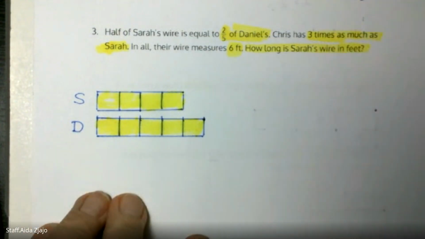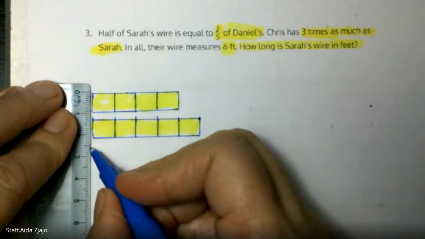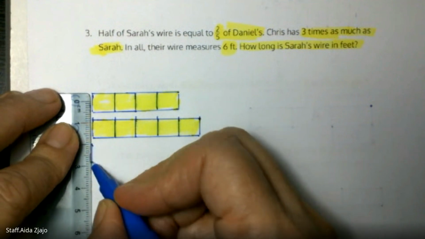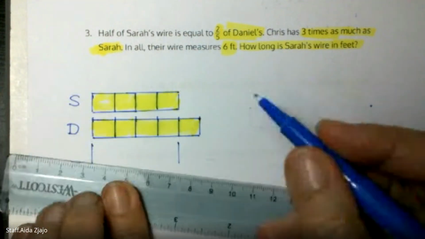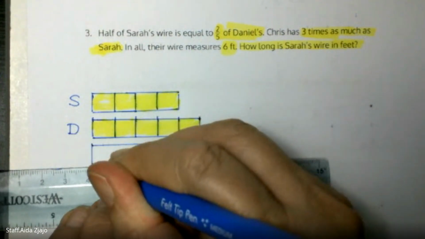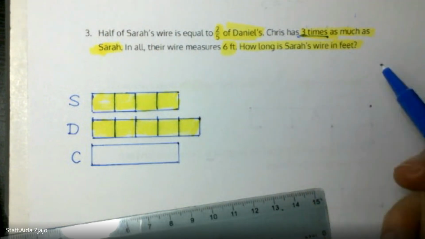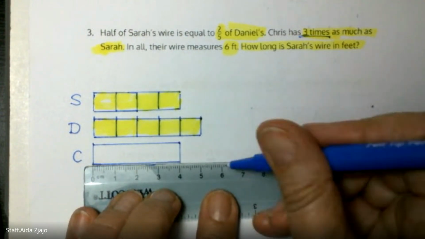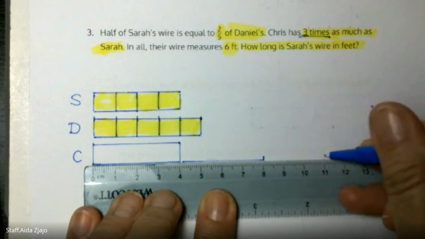Now, Chris is 3 times as much as Sarah. So if Sarah is from here to here, that's one time Sarah. So Chris is 1 time Sarah, but it says 3 times. So 1 time Sarah plus 1 more, and plus 1 more.